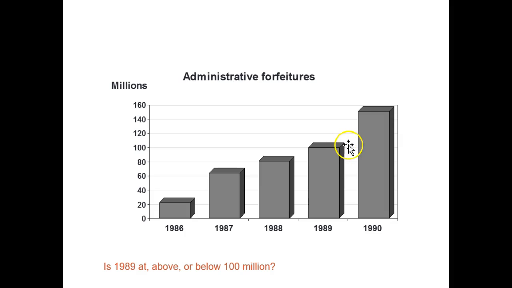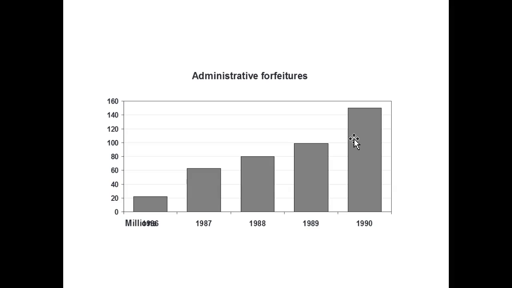Okay, so the point here is obviously it's unclear which data point I'm supposed to look at. Do I look at the one in front or the one in back? Why have that confusion? Let's just go. Now we see 1989 is slightly below 100 million. It's right below that line.